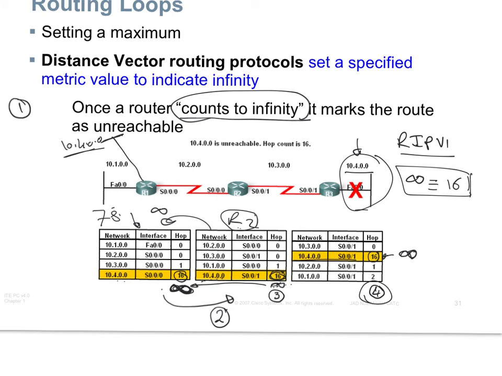So it says, okay, count to infinity seems to be the simplest mechanism to avoid routing loops, so I will use it. But I will set infinity to 16, which means that any metric more than 15 means unreachable.